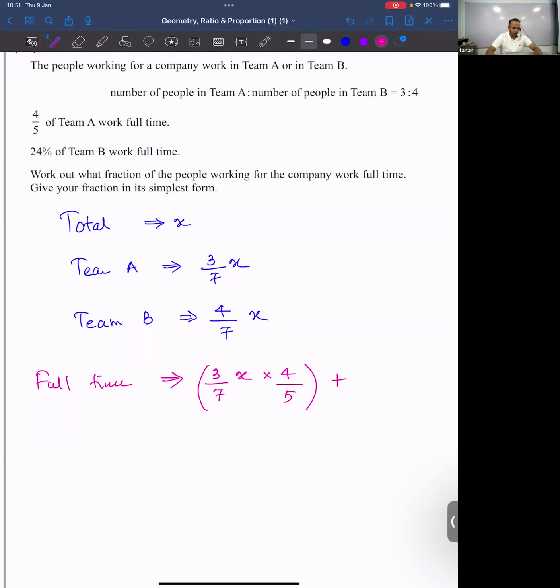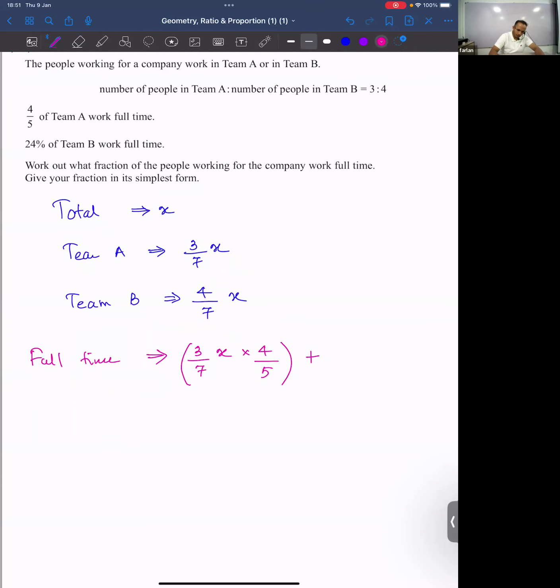Plus, from team B, how many are there in team B? 4/7 X. Take 24% of that. That is the number of people working full-time from team B. So the addition of these two will be the total number of people working full-time. Let me check on that.